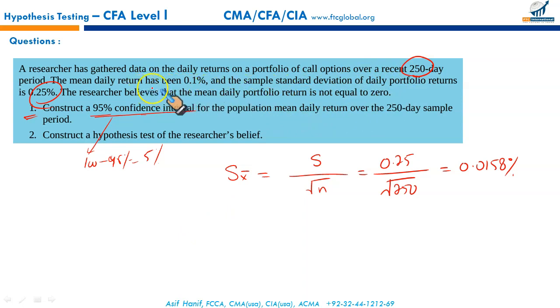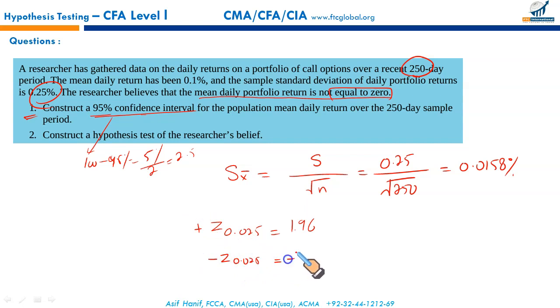The mean daily portfolio is not equal to 0, so it's a two-tailed test, which means this 5 must be divided by 2. So that's 2.5, and we are talking about the test statistic of z 0.025. For the two-tailed test, it's 1.96 standard deviations from the mean, right? And then the other side would be negative z 0.025, negative 1.96.